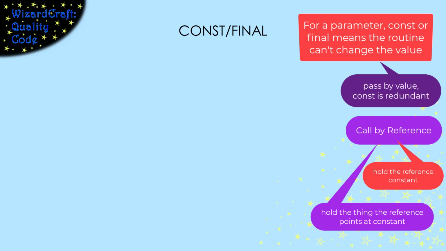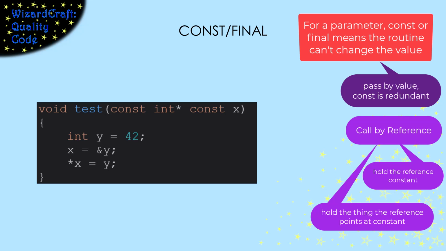However, Java's behavior is not what all object-oriented languages do. In C++, if you mark an object parameter as const, we can't replace the object and we can't change anything inside the object. So the behavior is very language dependent. In C, you can put the const in two different places to be specific about exactly what you want held constant. Consider this function.